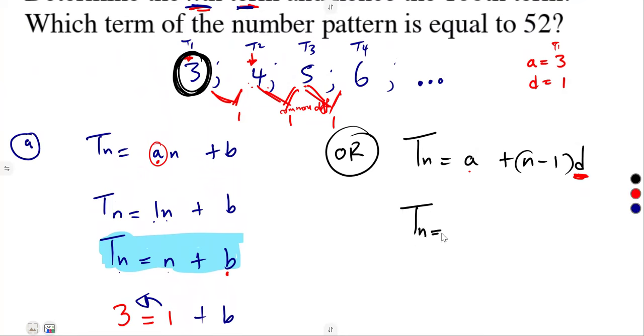So Tn is equal to what? We substitute. What is our A? Our A is 3, so our A is 3 plus n minus 1. Remember, this is just as it is on the formula, did not change. The D being the common difference, so we are going to have our D here.